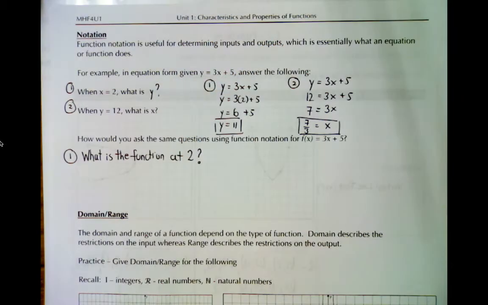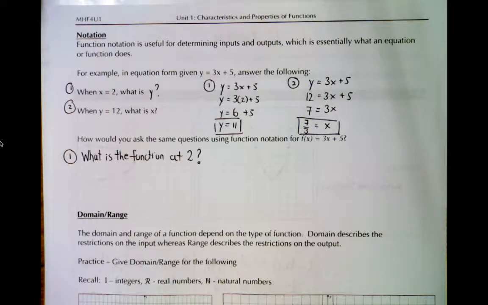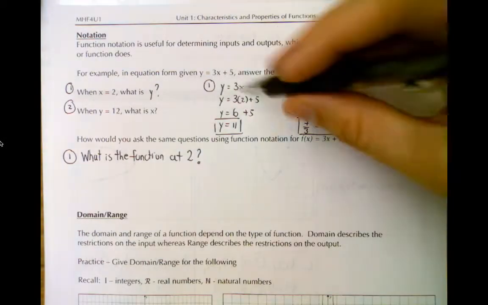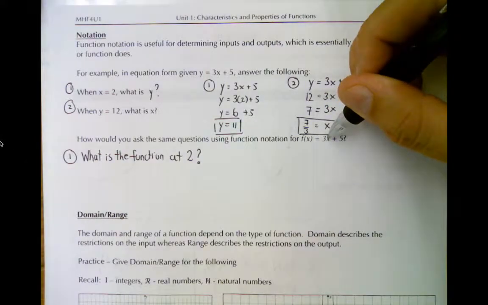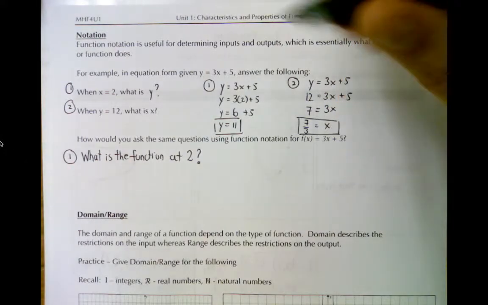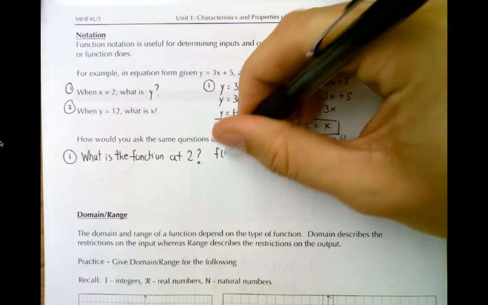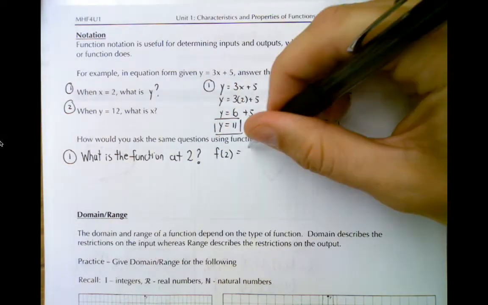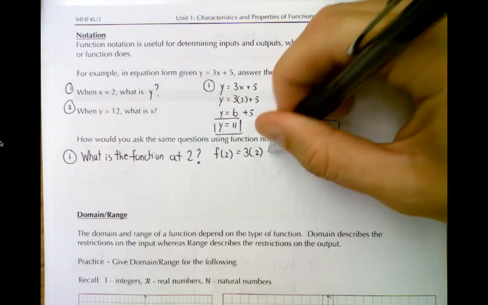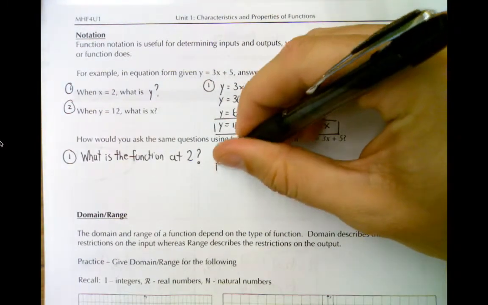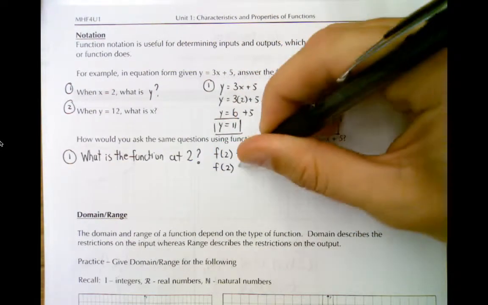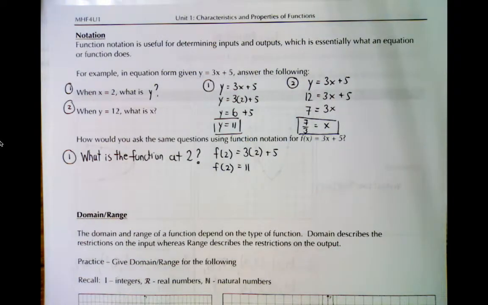And we would solve it the same way, except when we write it, we would replace the x in both the f of x and on the right side of the equation. So it would look like f at 2 equals 3 times 2 plus 5. And we know from the math above that it's 11, so the answer would be the function at 2 is 11. That's how it would read.